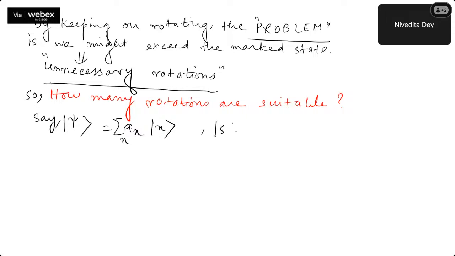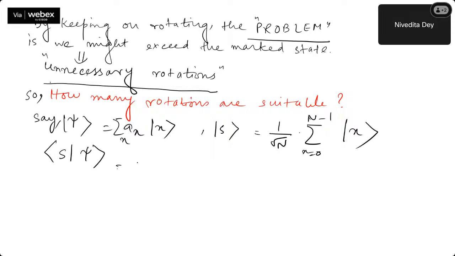So S is nothing but 1 by root over n, the sum over X equals 0 to n minus 1 of X. Then your inner product of S and psi will be 1 by root n times this thing. Say I am taking X and X bar.